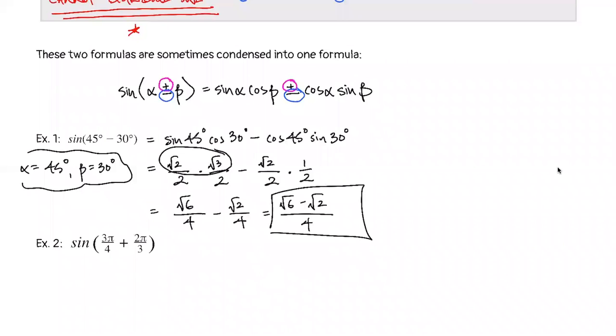Now I do want to point out another really common mistake here, which is if you're here and you keep simplifying and you do this. First of all, this is in red, so you better not do this. But if you did, the thing that makes this wrong is that these two are not equal to each other.